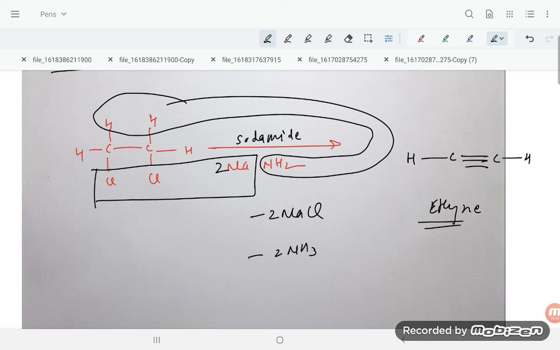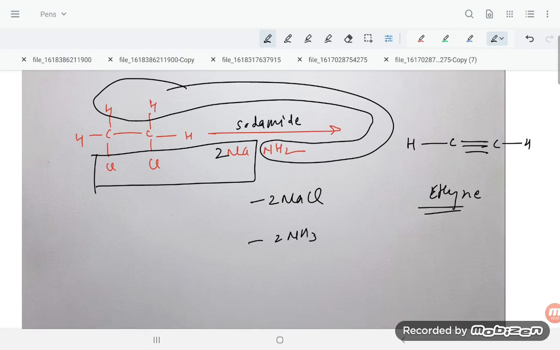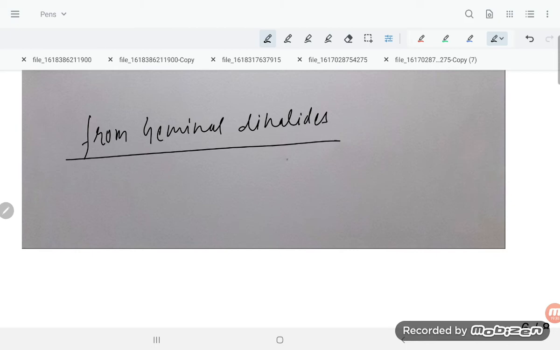Now let us have a look at one more point, student. That is from geminal dihalide. The same reagent we have to take, from geminal dihalide. Geminal means both the halogens will be on the same carbon.